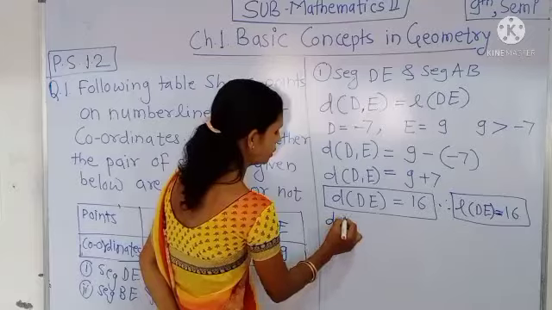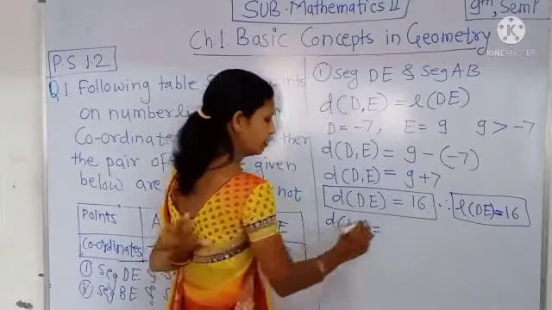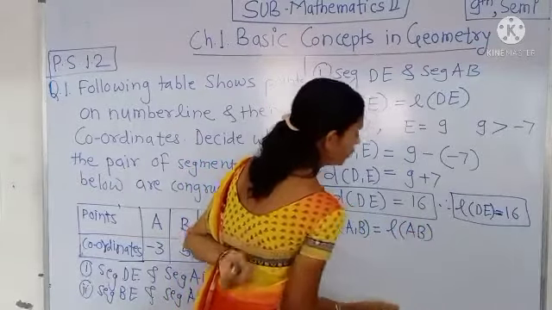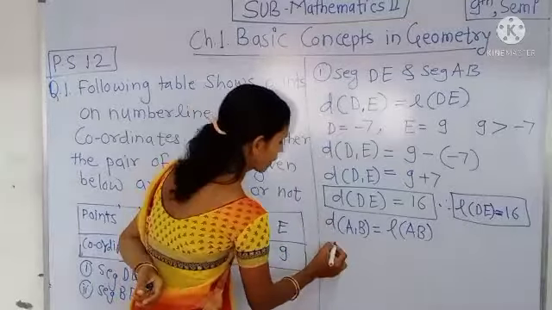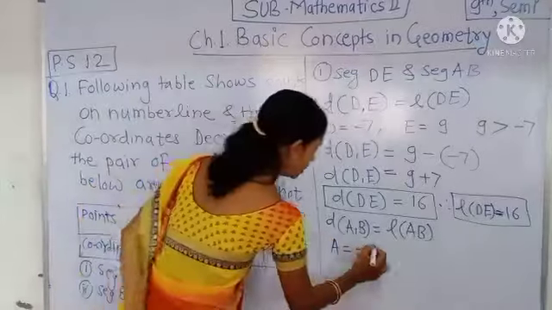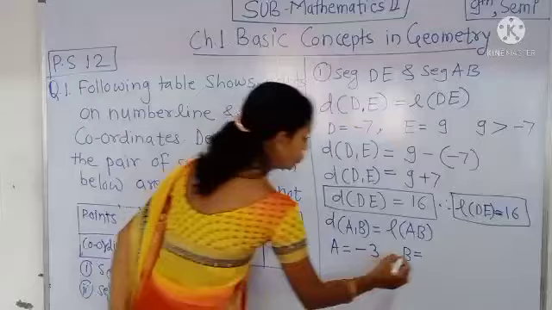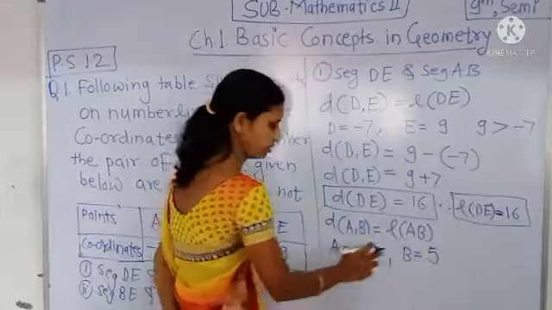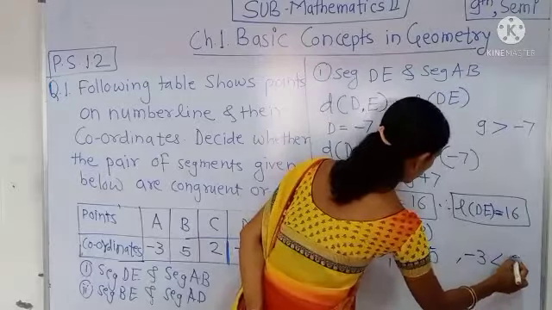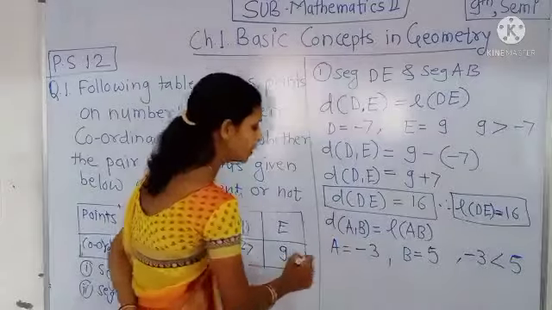Using this concept we have to determine the length of segment AB. First of all, we determine the distance between points A and B, that means we will get the length of AB. The coordinate of A is -3, the coordinate of B is 5, and -3 is less than 5, so 5 is the greater coordinate.